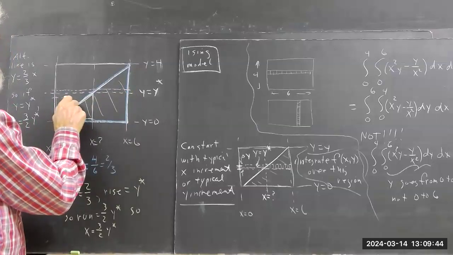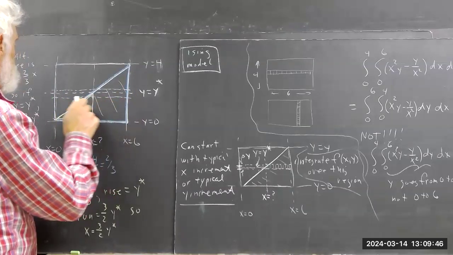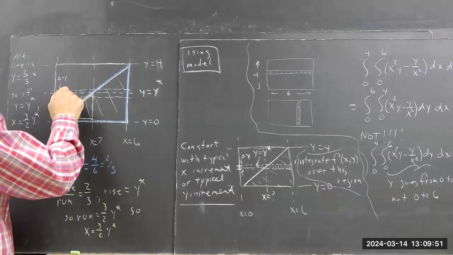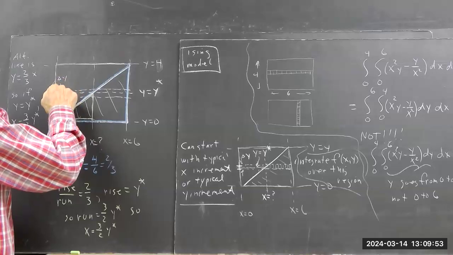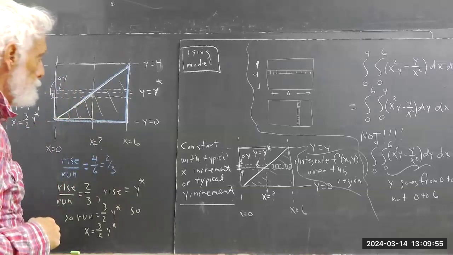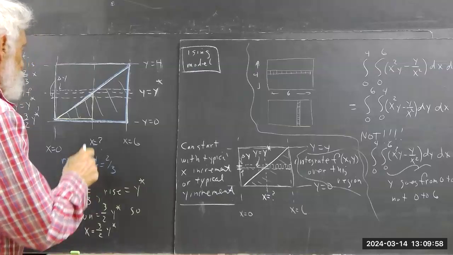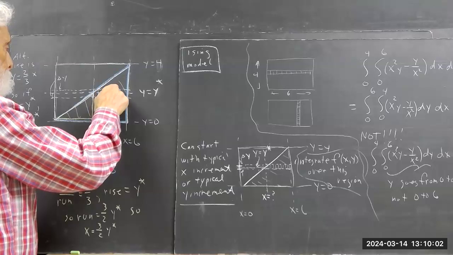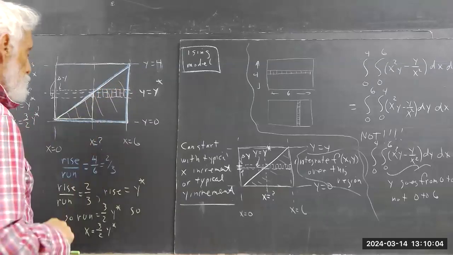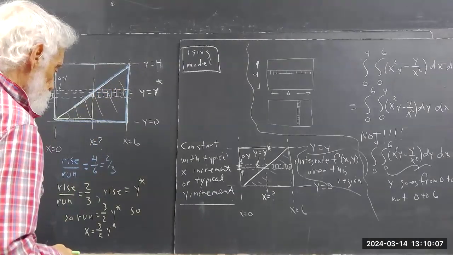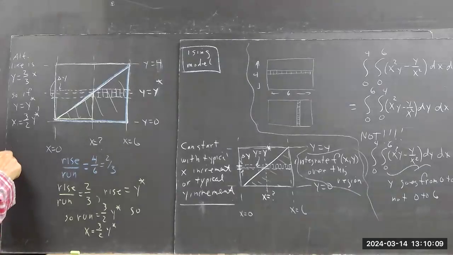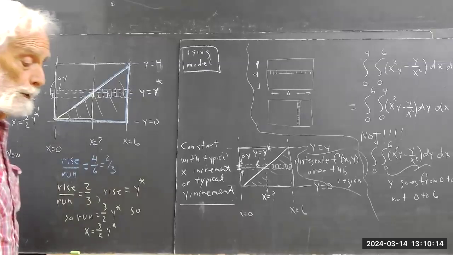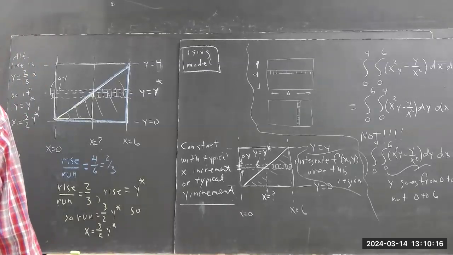We'll go ahead and reinsert our delta y here. And now we think of partitioning this interval. Now, I don't know how much attention you pay to the partitioning in the homework problems.